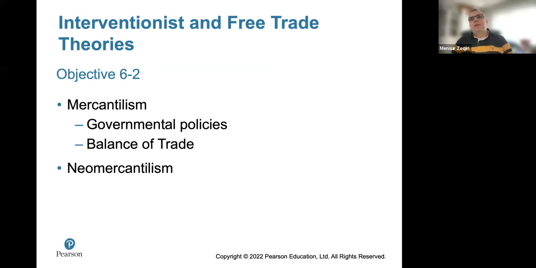This theory holds that countries should export more than they import. If you as a country export more than you import, then we say that these countries have a favorable balance of trade. This is usually referred to as the trade surplus.